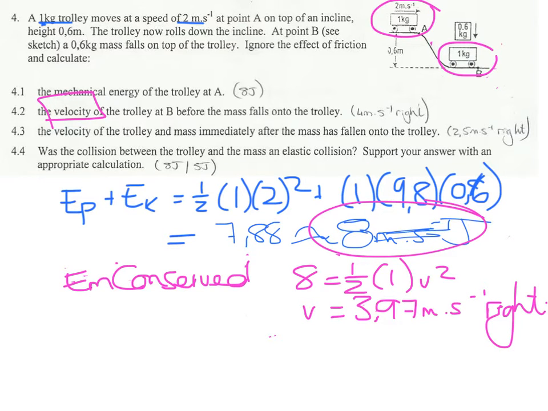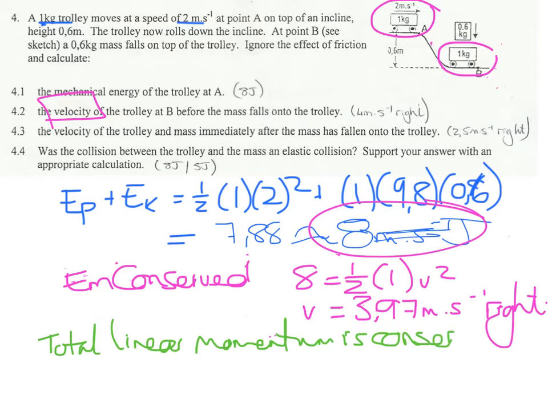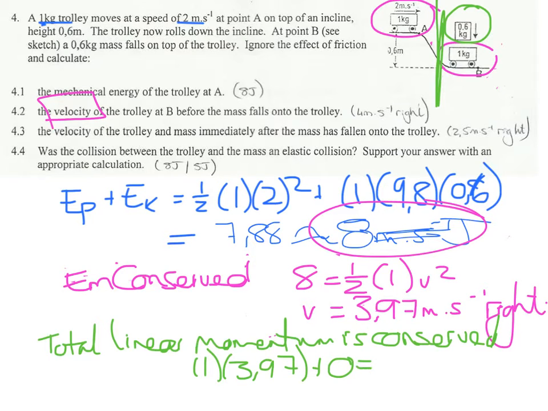The velocity of the trolley and mass immediately after the mass has fallen. So now I need to consider that total linear momentum is conserved. And then I'm going to say that the momentum before the collision, now I'm only interested in the collision, so I don't care what happened at the top of the hill. I'm only interested at the bottom of the hill, is equal to, before it was 1 times 3,97, plus, remember I said to you that 0,6 kilograms is going at no velocity in the horizontal direction, so it has no velocity before the collision.